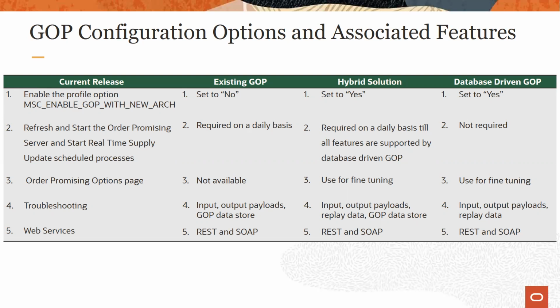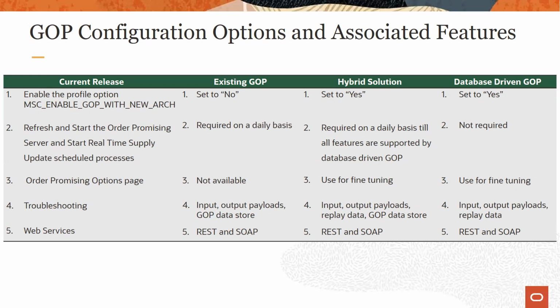In case a solution is implemented which uses both the flows, where a certain proportion of the orders are promised using the memory resident solution, whereas others are promised using the database-centric solution, the profile option MSC enable GOP with new ARC can be set to yes. Refreshing and restarting the order promising server and the real-time supply update schedule processes would still need to be enabled.